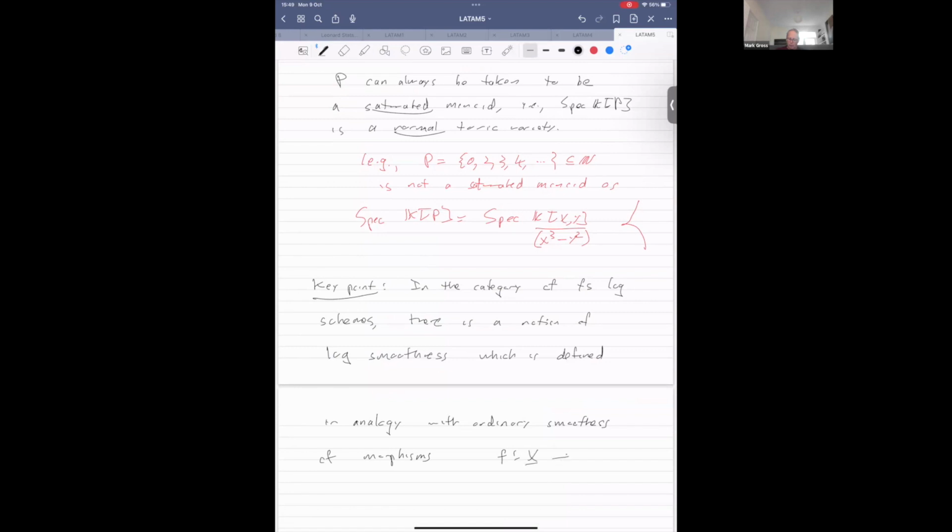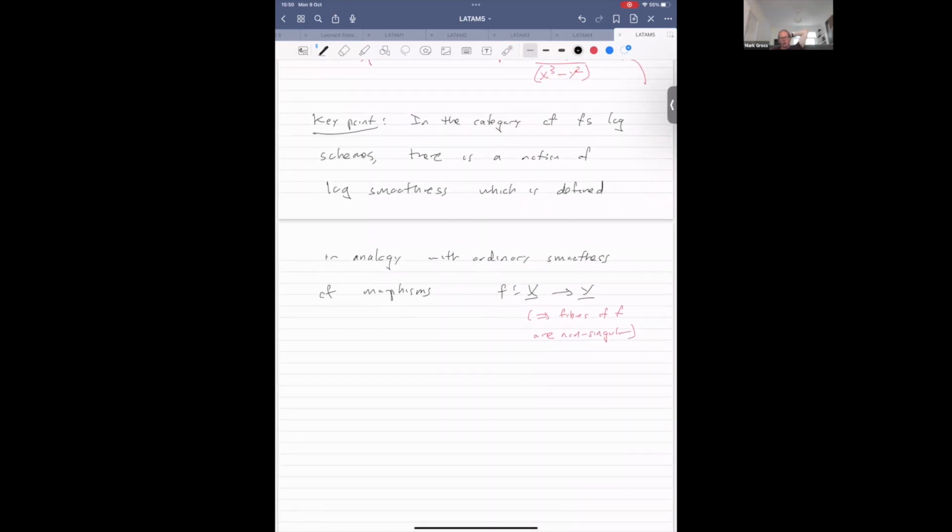F from X to Y. Here I'm underlining these just to make clear we're doing schemes. There's a notion of smoothness in algebraic geometry. It doesn't mean C infinity. It means that, for example, the fibers of this map are non-singular. That's one of the implications. I won't write down a definition of smoothness because it's a little bit technical and doesn't really help you anyway.